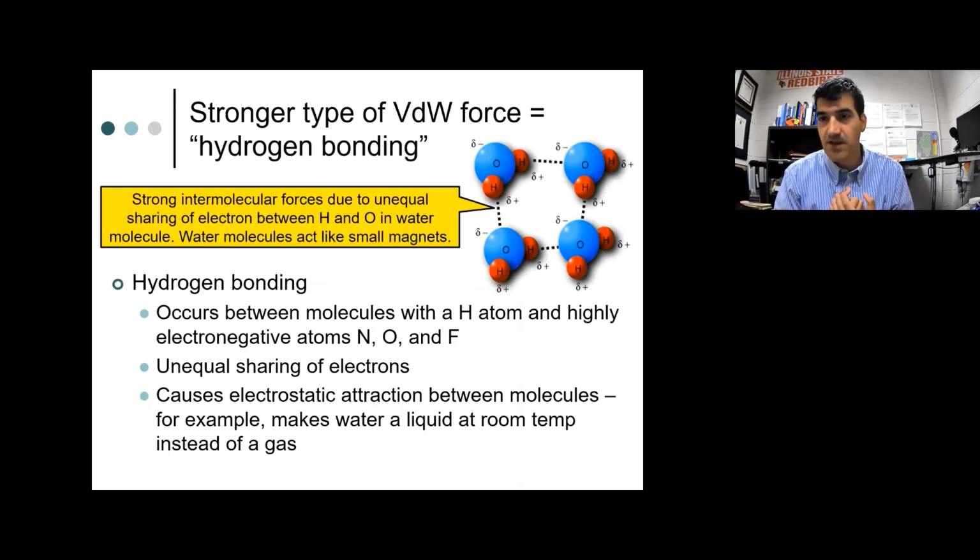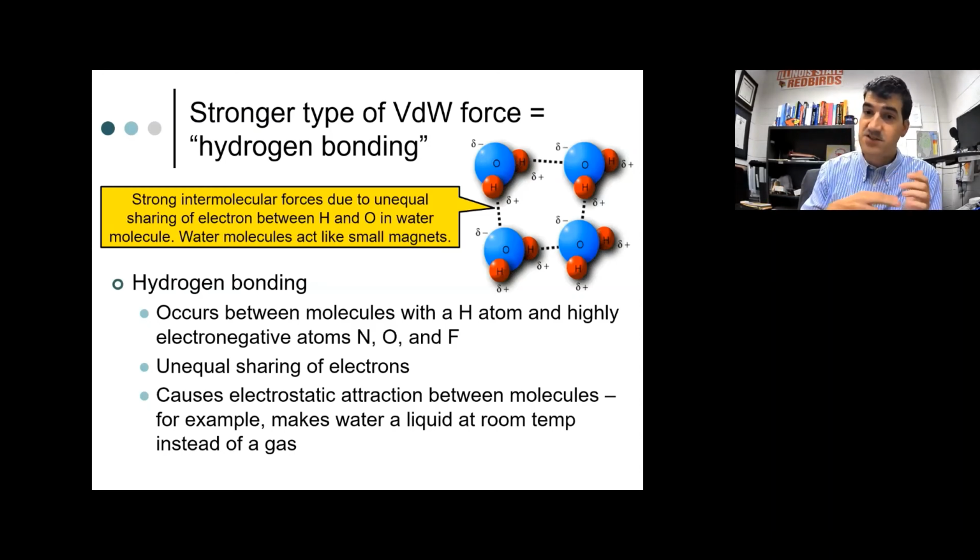What happens is that certain atoms in the molecule are very highly electronegative. The three that we generally consider extremely highly electronegative are nitrogen, oxygen, and fluorine. Just remember NOF. That'll help you remember which three are highly electronegative and cause hydrogen bonding.